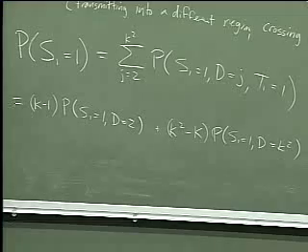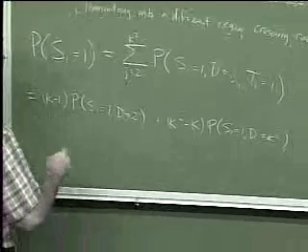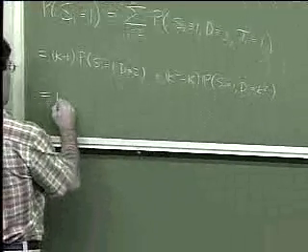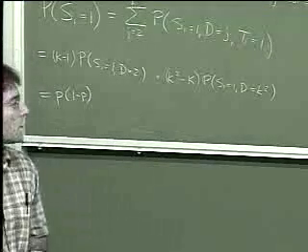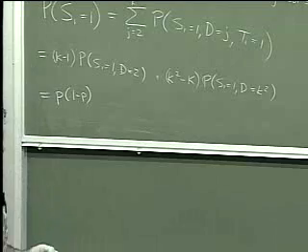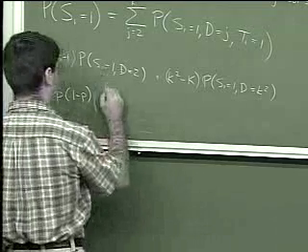If you want to put it all together, it's going to be p times 1 minus p times 1 over k squared minus 1.